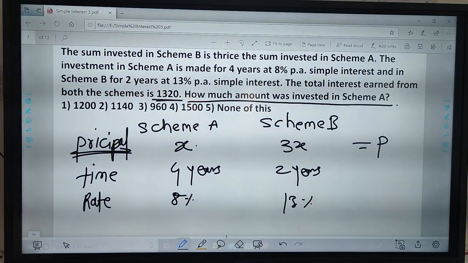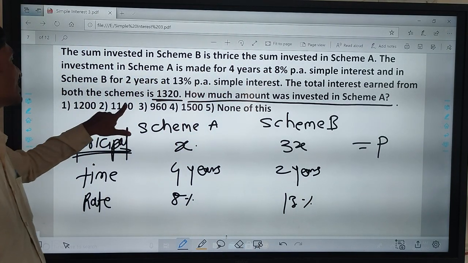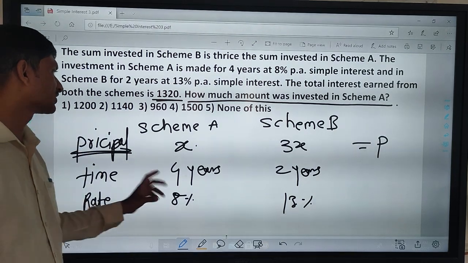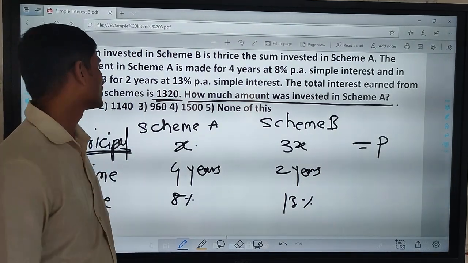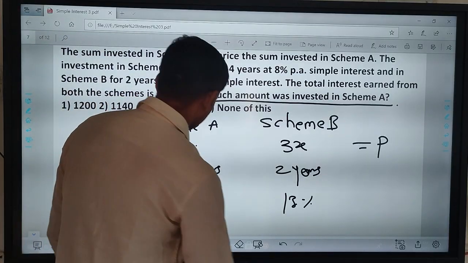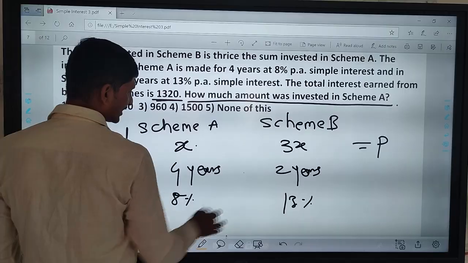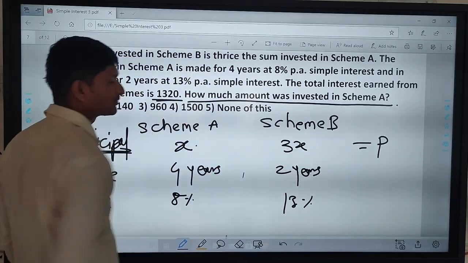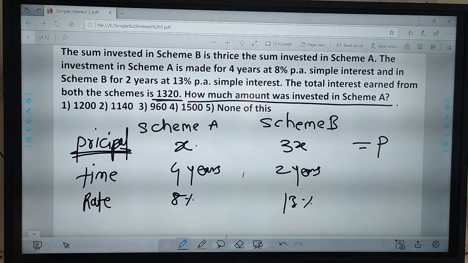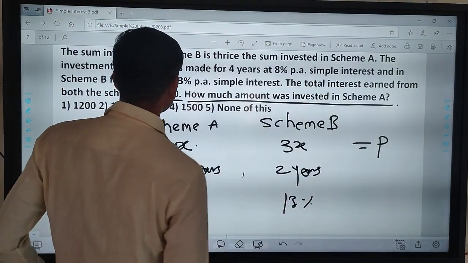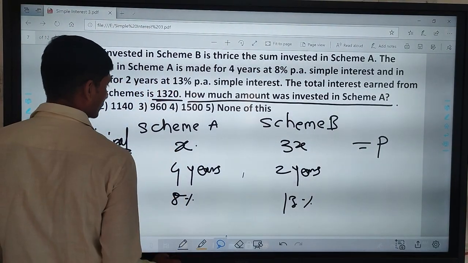Then the total interest earned from both schemes is 1320. We find the simple interest from this condition and the simple interest from that condition, and the addition of these two is 1320 rupees.